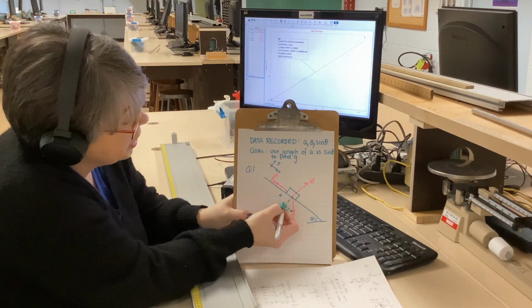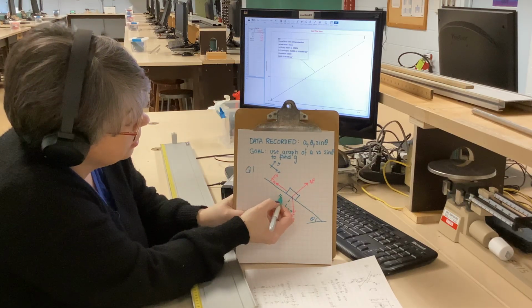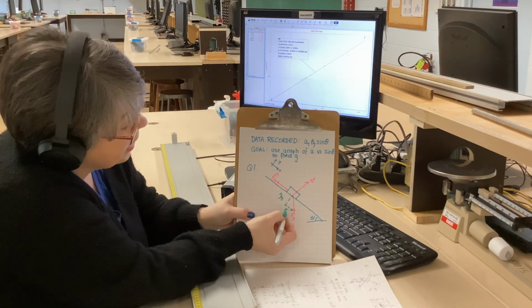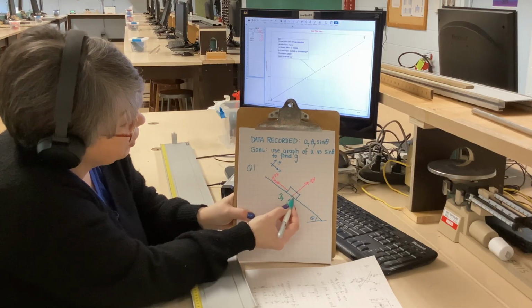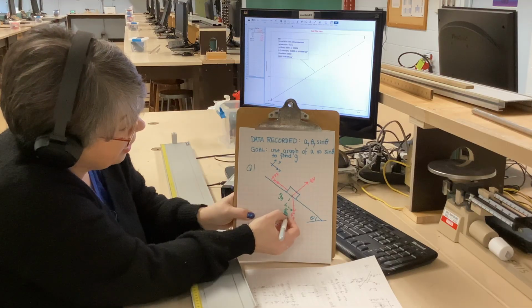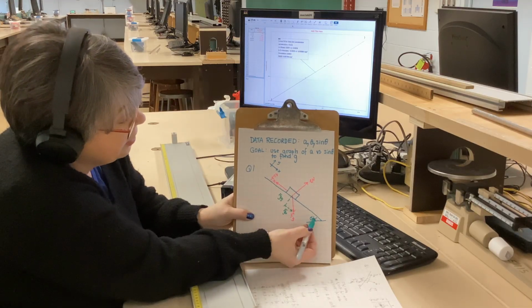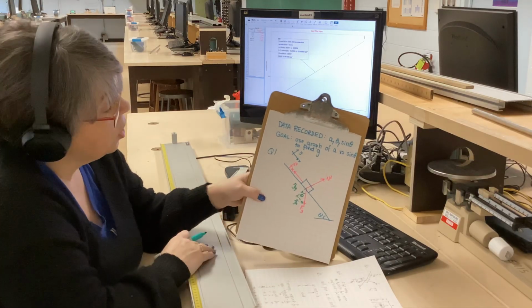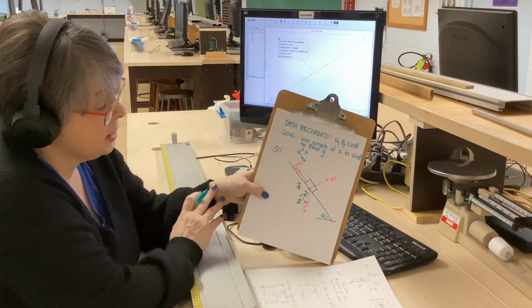The y component is the part that's perpendicular to the track, parallel to the y-axis. The x component is parallel to the track, parallel to the x-axis: Fgy, Fgx. If this angle is theta, then this angle is theta. So this is what question 1 asks us to do.